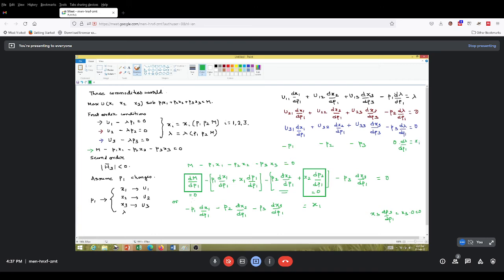This is x1 and this is dx1 by dP1, dx2 by dP1, dx3 by dP1. Sorry, I've written P3 over here. Actually, it's very monotonous. Okay, so this is the equation system that we have over here. This is the equation system that we want to solve.